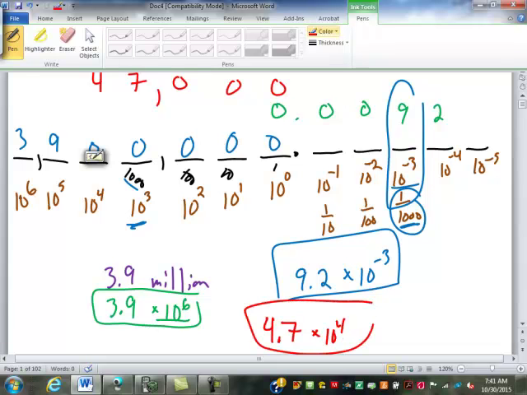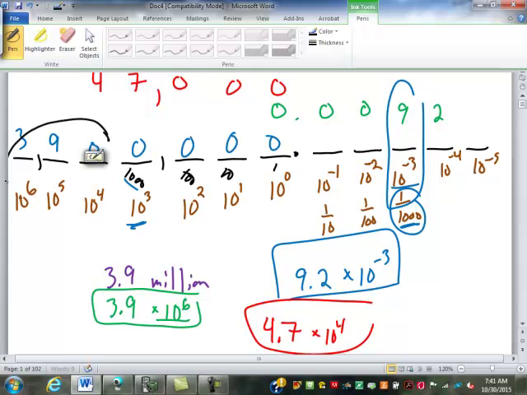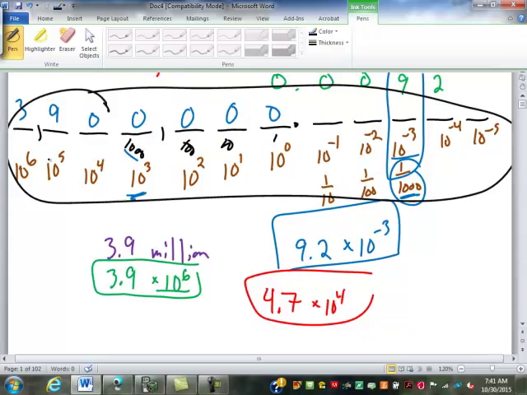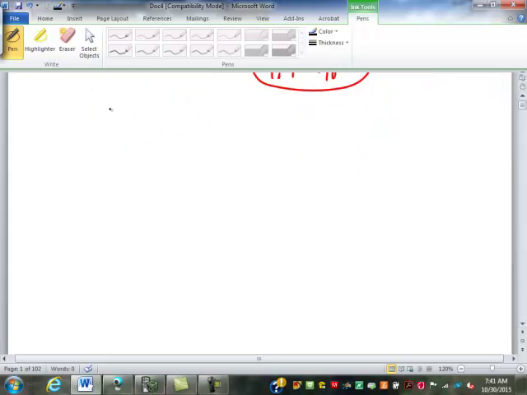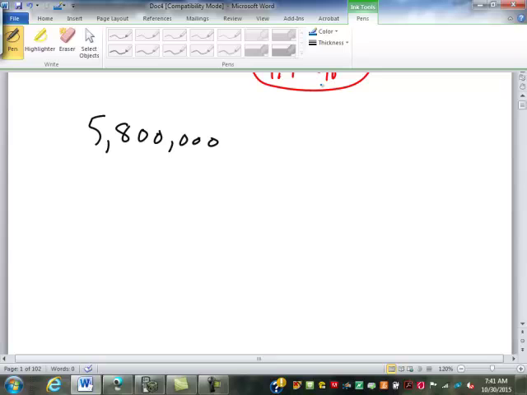Now, we don't want to have to write out the place values like this to convert numbers from scientific notation to standard. But knowing that this is how it works helps us figure out what direction to move decimal points and stuff like that. So if I have my 5,800,000 or something like that again, we know that's going to be 5.8 times 10 to the sixth.